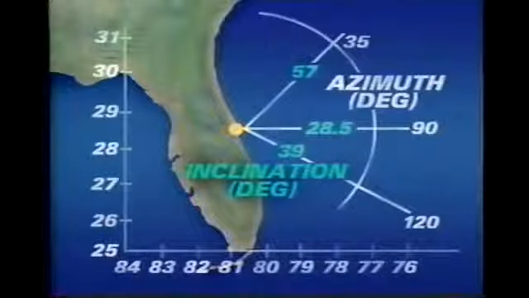The maximum practical inclination from a Kennedy Space Center launch is 57 degrees. This limit is imposed for safety considerations in order to keep the spacecraft and its booster system from flying over land masses during the ascent phase. To obtain an orbit with an inclination greater than 57 degrees, the spacecraft is launched from Vandenberg Air Force Base in California.